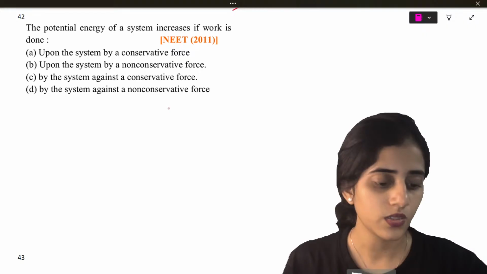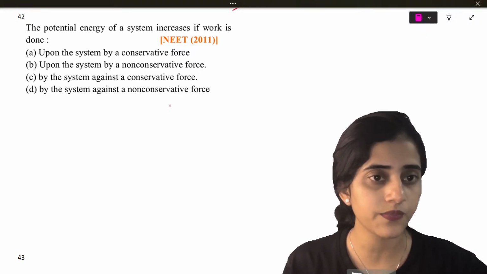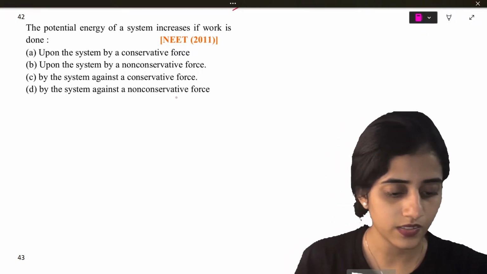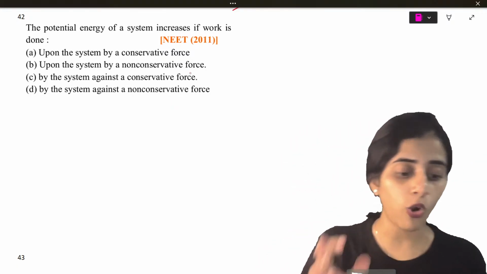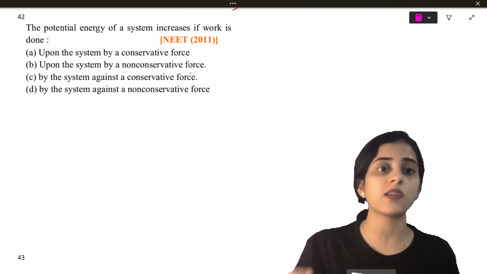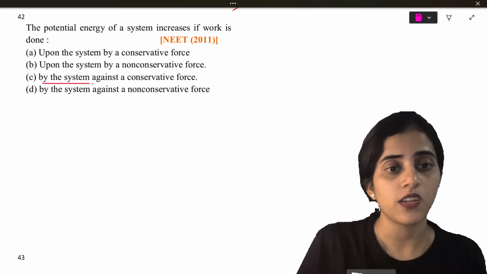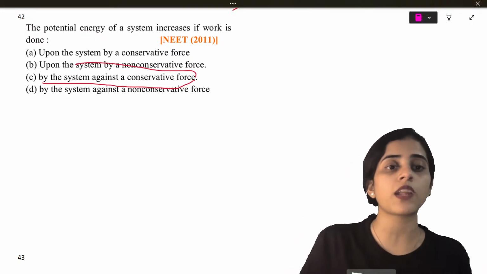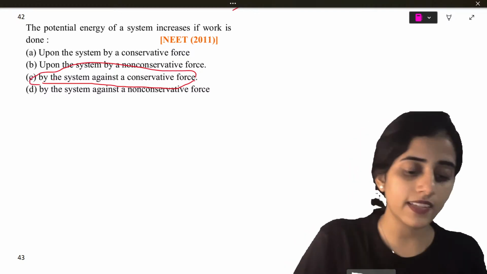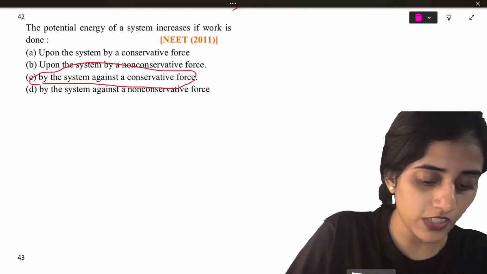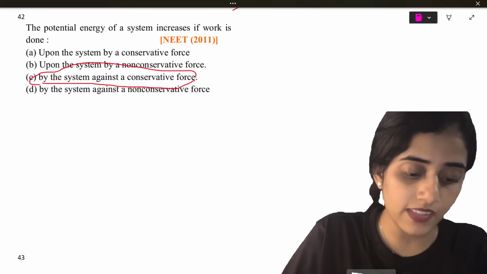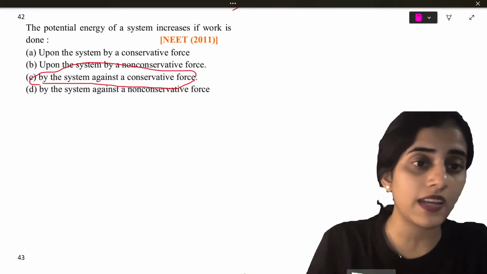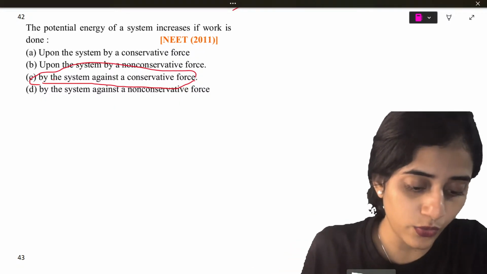So, what will you do here? See, potential energy will increase when the work is done always by the system against a conservative force. So this you should know. That is when potential energy will increase.